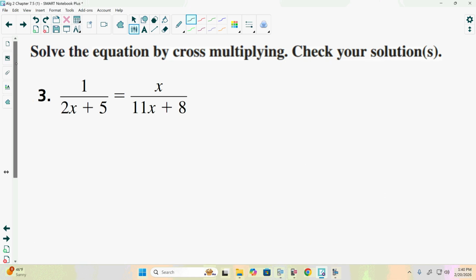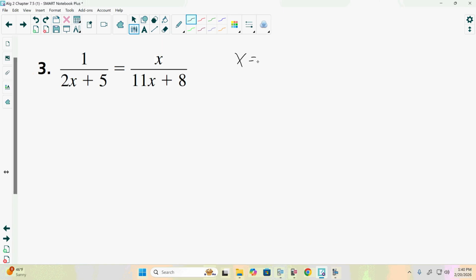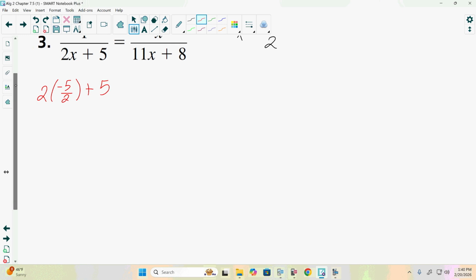So if we picked, and I just, for no real reason, picked negative 5 halves, because if we plug it in here, 2 times negative 5 halves plus 5. Well, 2 times negative 5 halves would be negative 10 halves because we multiply with the top. Negative 10 divided by 2 is negative 5, and negative 5 plus 5 is 0.